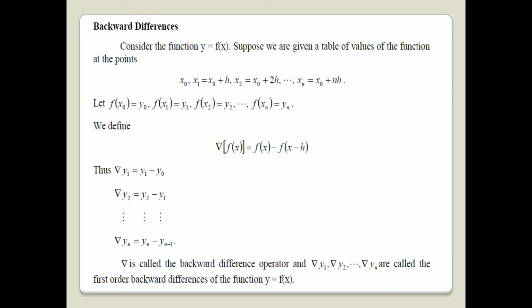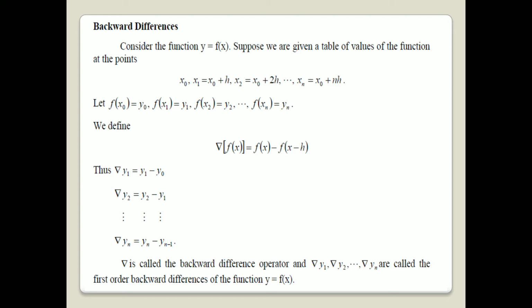Now backward difference, the second difference operator. Consider the function y is equal to f of x. Suppose we are given a table of values of the function at the points x0, x1, x2 up to xn. All these values are equispaced, means there is a common difference between each value of x, and y0, y1, y2 up to yn are f of x0, f of x1, f of x2 up to f of xn.